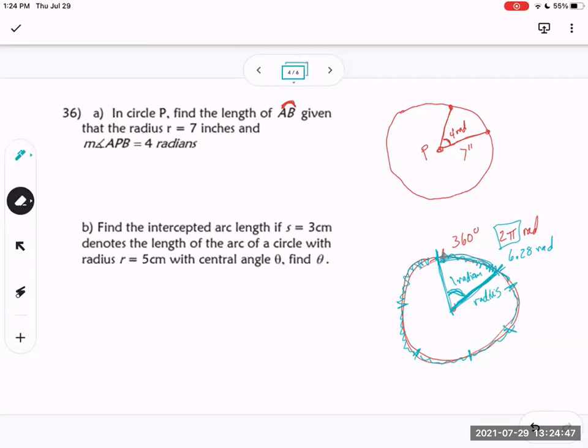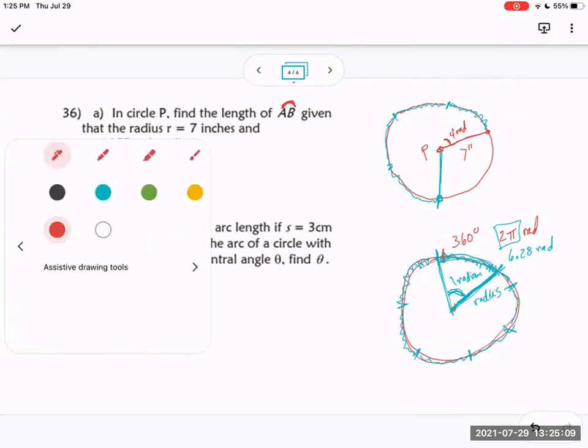I did this wrong then, sorry. 4 radians would be, here's 7, this is 7 inches right here. So if I went 7 inches around 4 times, that would be my arc length.